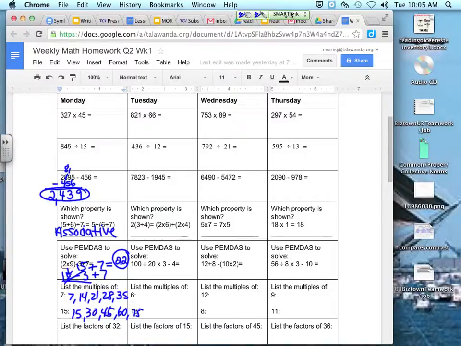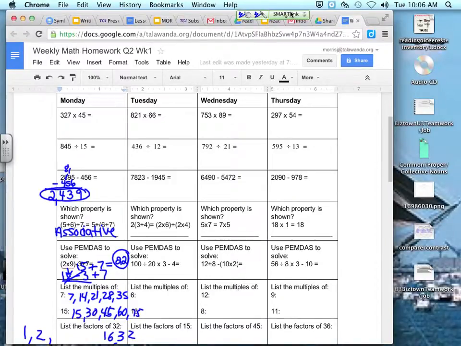The factors of 32. I know I can multiply 1 times 32. It's even, so 2 times what gives me 32? Luke? 2 times 16. Can you skip count by 3? 3 times 10 is 30, and if I add 3 more, that will be 33.